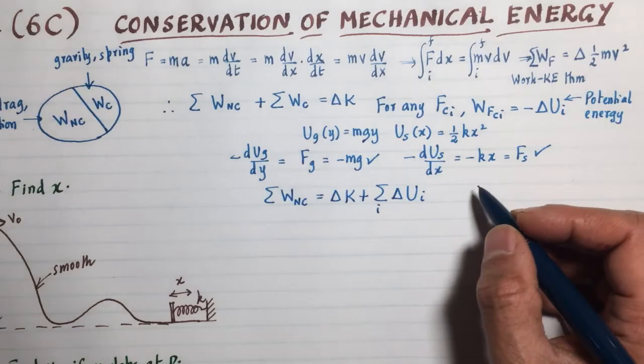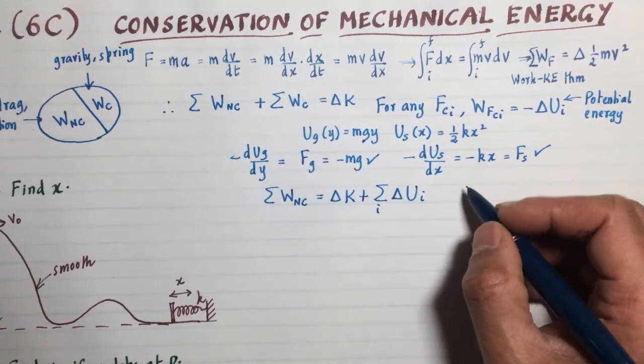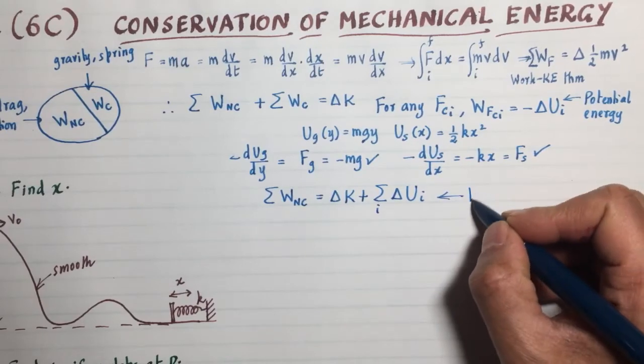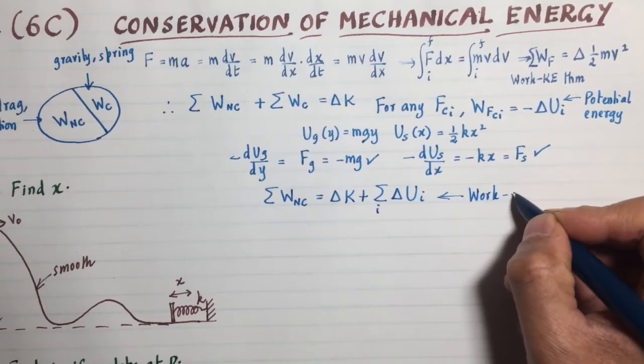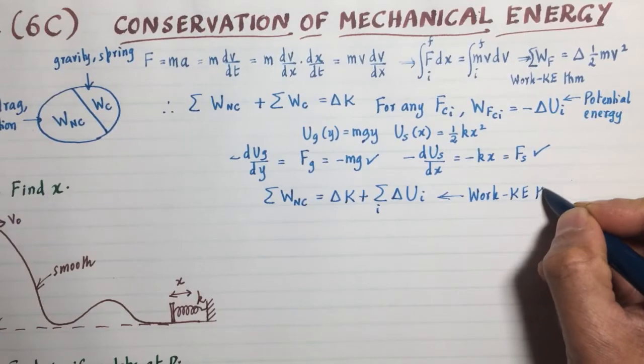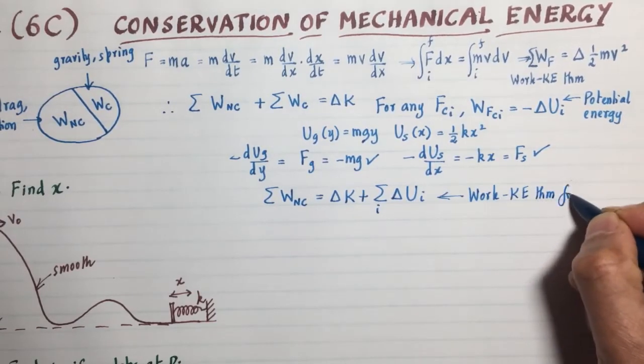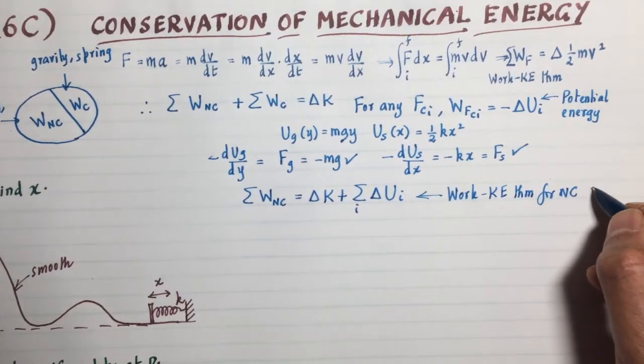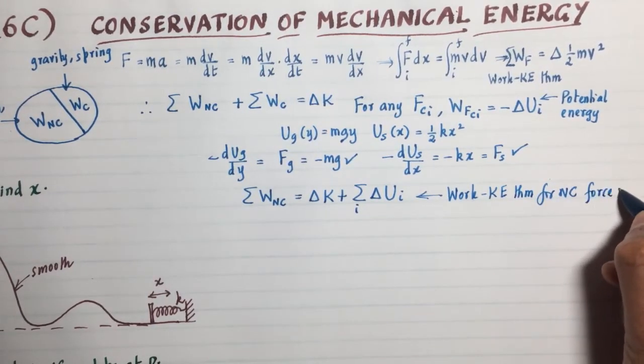So this is a fancier way of writing the work energy theorem. I'll again continue to call this the work energy theorem for non-conservative forces, because it puts non-conservative forces in the spotlight.